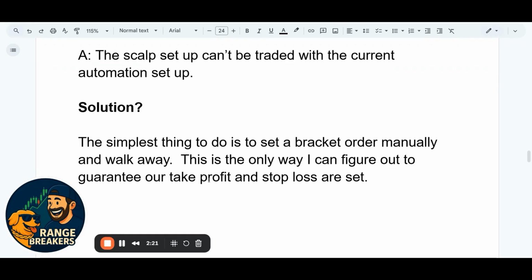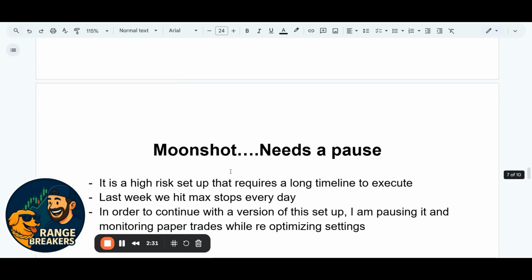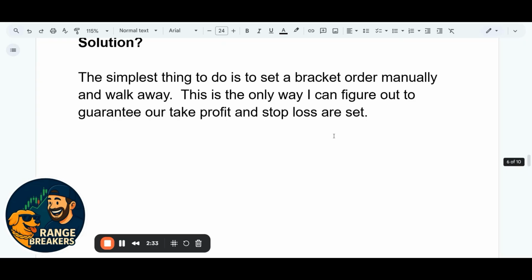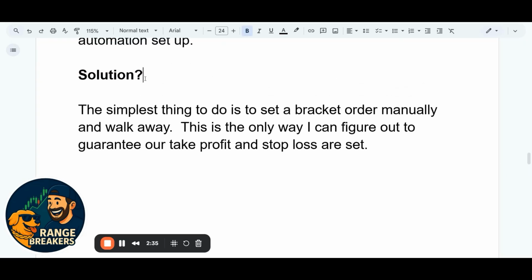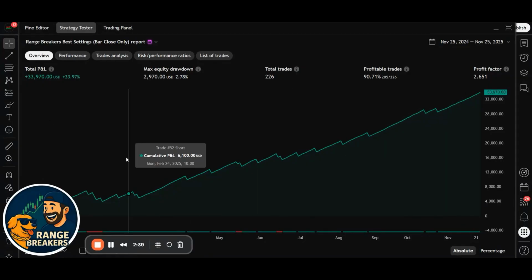But all that is, it's a set take profit and stop. So no matter what your entry point is, you're guaranteed whatever your stop and take profit is. So that's where the scalp's at, and I'll go through the update. But right now, totally untradeable, even though this is the backtest.